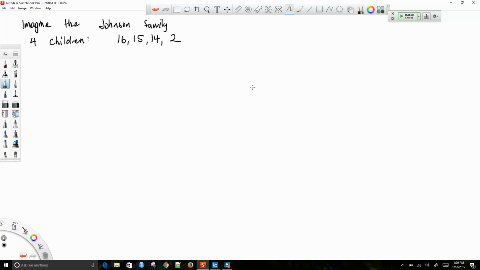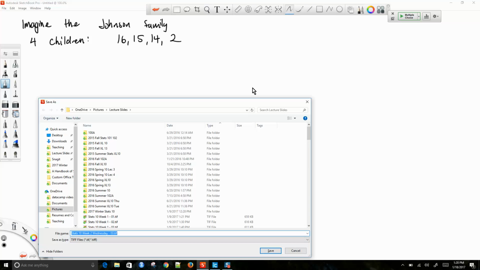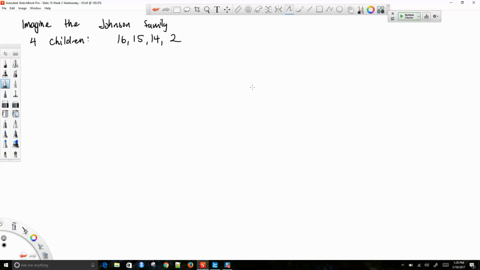Okay. So we can imagine a story for the Johnson family. And just looking at these numbers, would you say the ages in the Johnson family are skewed left, skewed right, symmetric? What do we have? Skewed left, right? Okay, and let's create a dot plot.